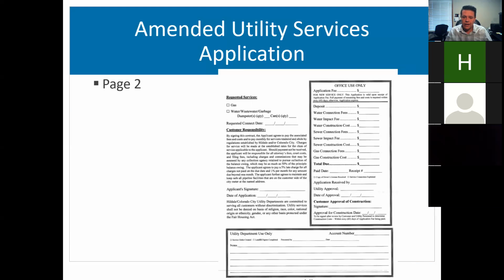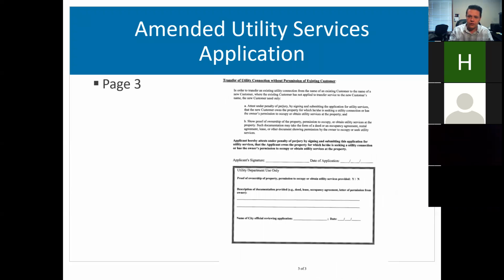Utility services shall not be denied on the basis of religion, race, color, national origin, or ethnicity, gender, or any other basis protected under the Fair Housing Act. So yes, this statement is true. We are committed. We're also under court injunction and under legal mandate, but we are committed to meet those obligations and provide services without discrimination.